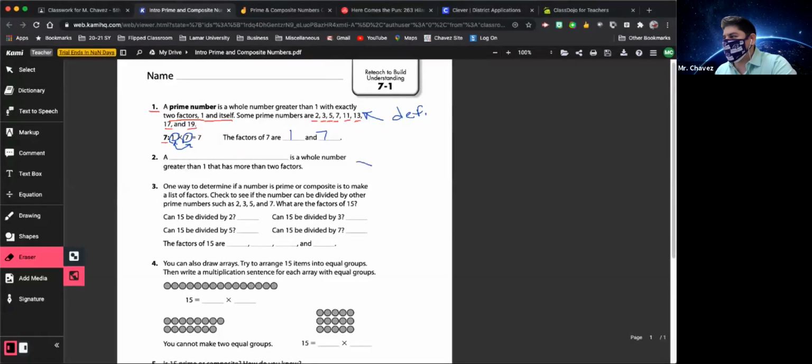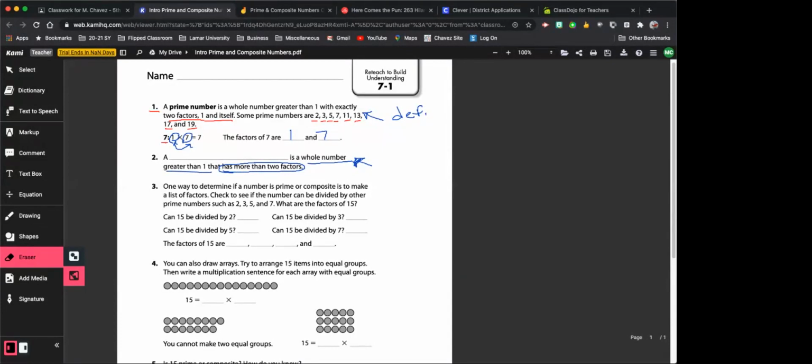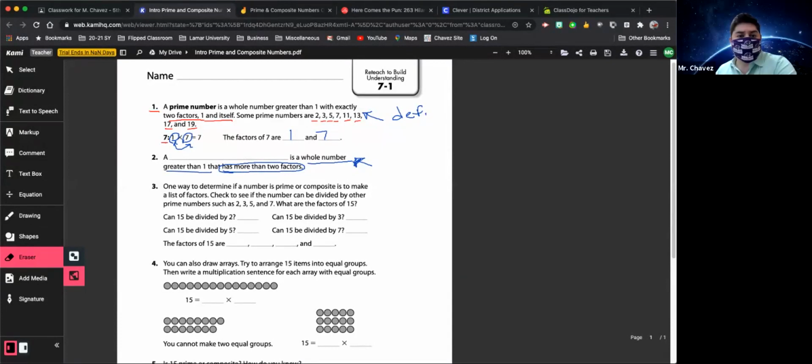And now for number 2, who can fill in this blank for me? I'll read it to you for number 2. It says, a blank is a whole number greater than 1 that has more than 2 factors. So what could be the word that I'm looking for here for letter A? Prime number. No, composite. Okay, I like your guess, Dion. That's good.